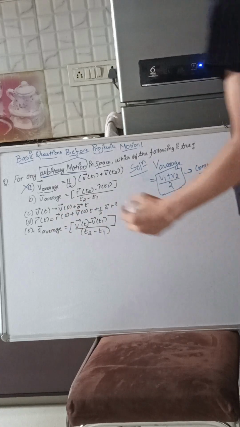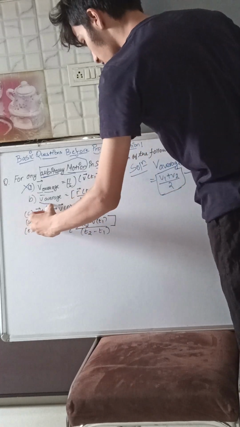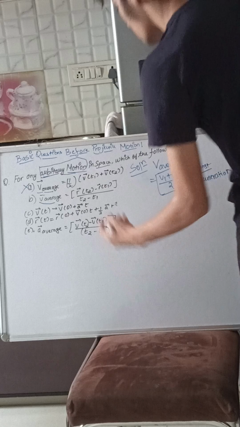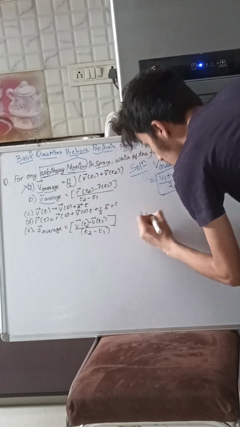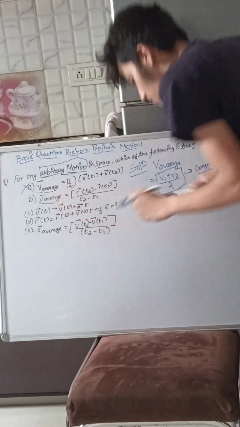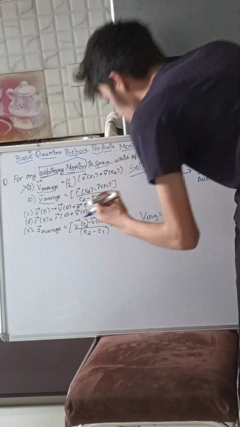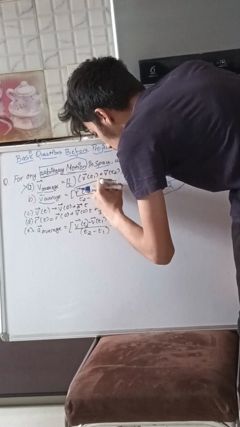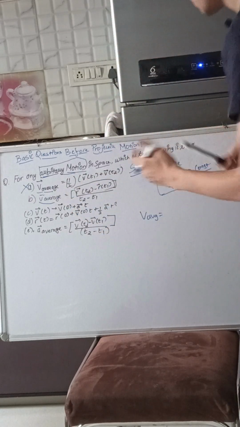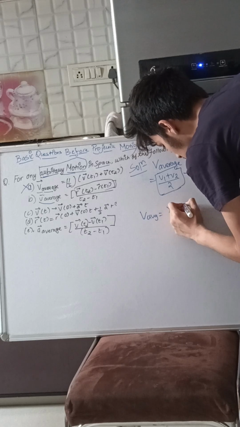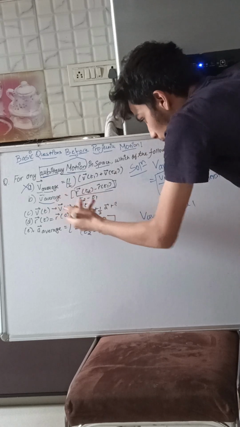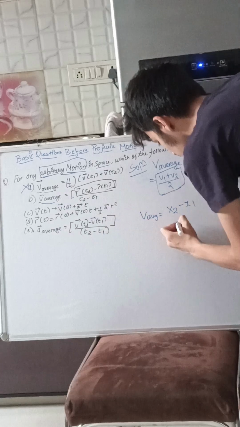Okay. So next comes v average. It is also written in this form. Don't be so scared about this. This can be written as (x2 minus x1) upon (t2 minus t1).